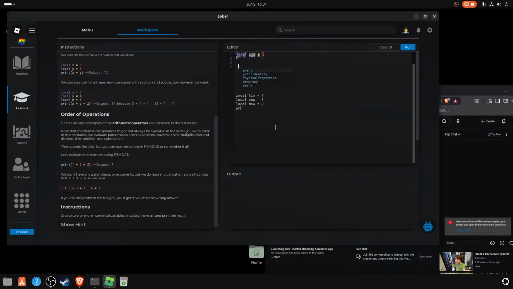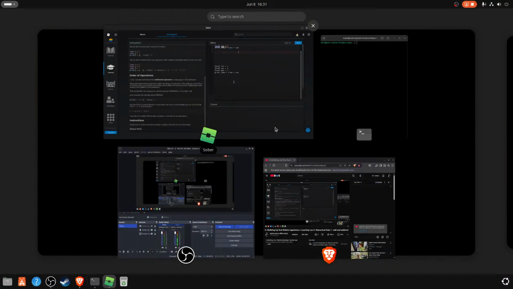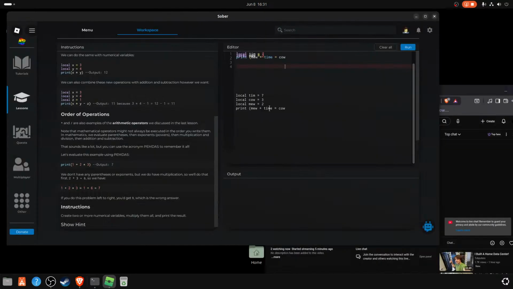I just want to print mu times Tim divided by cow. Whoops, what's happening? Divided by cow.